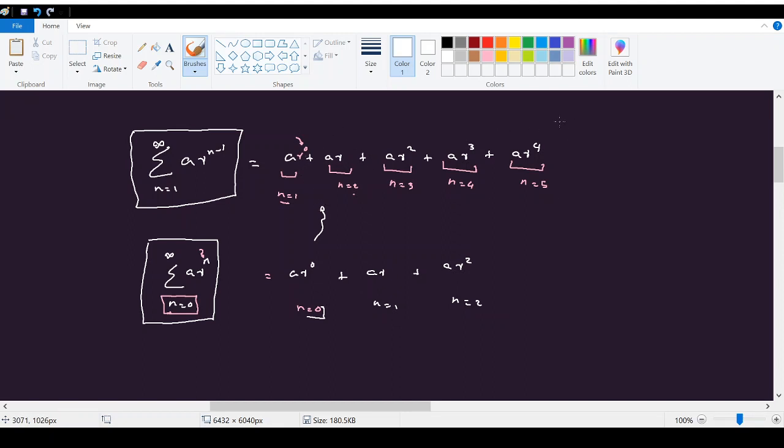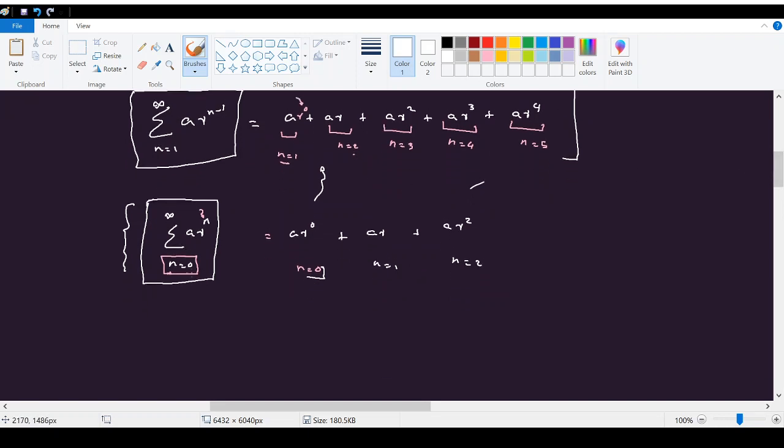Sometimes you might feel this is a convenient option, but you should keep in mind that we also use this representation for the geometric series. And the reason for telling this is that now we are considering a very special situation where a is equal to 1 and we represent r as x, right?